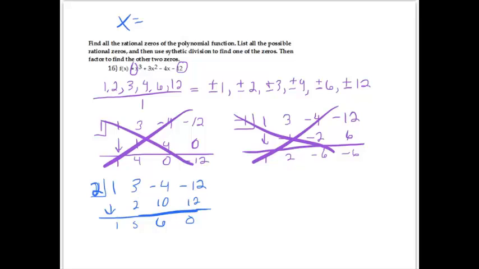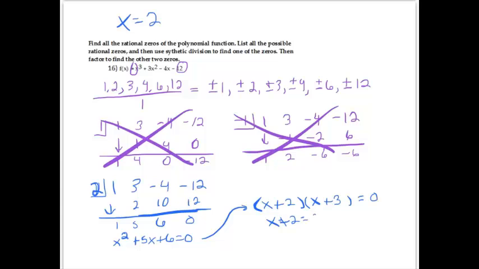Now we're going to say that this is x squared plus 5x plus 6 equals 0. We're going to factor that into 2 parentheses. So what multiplies to get 6, that adds to get 5, 2 and 3. So that means x plus 2 equals 0, x plus 3 equals 0. So x equals -2 and -3, and then it already equaled 2 from our synthetic division.